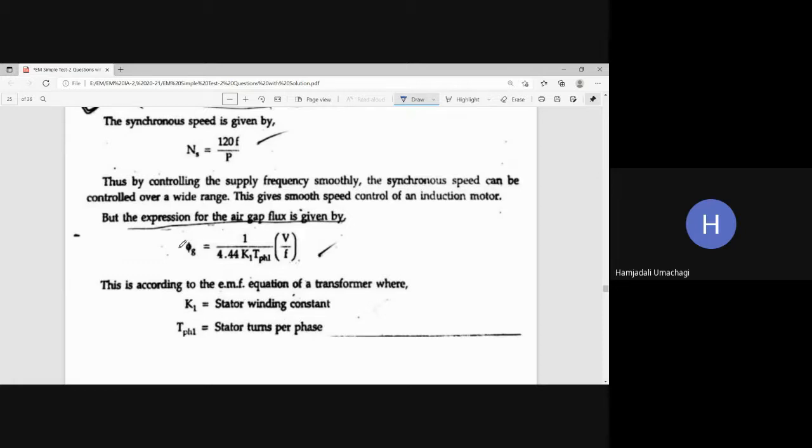So this is the air gap flux equation, given as per the EMF equation of the transformer, 4.44 K1 TPH1.